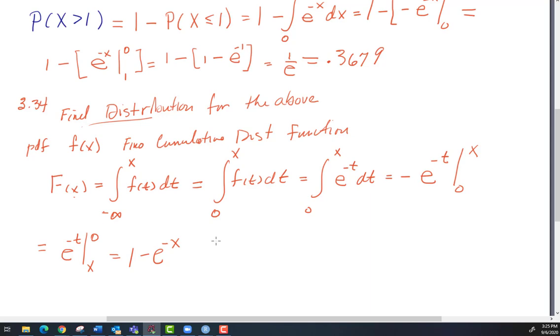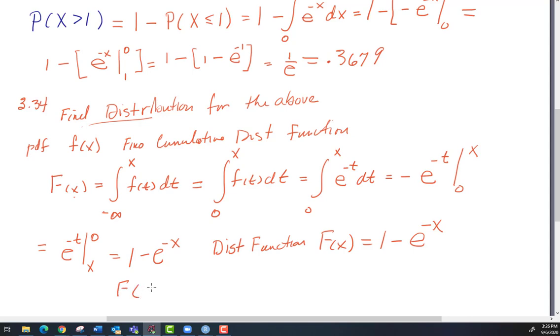So that, what we call the distribution function, or the cumulative distribution function, F of x is, in this example, 1 minus e to the minus x. And what is that?